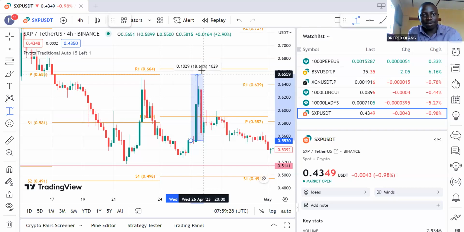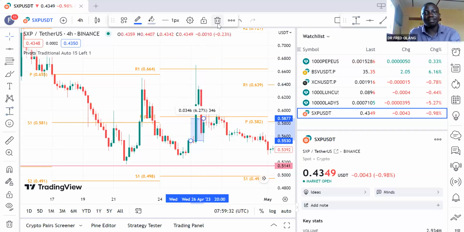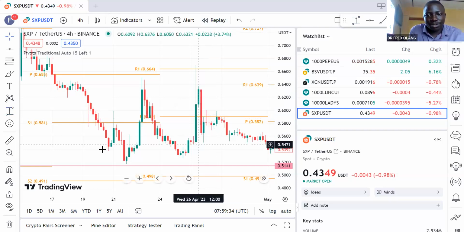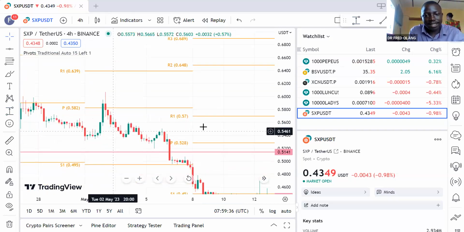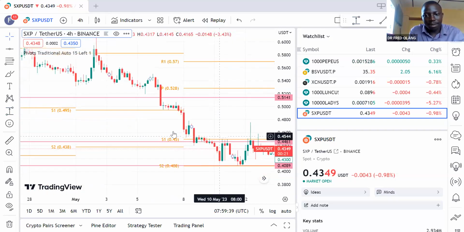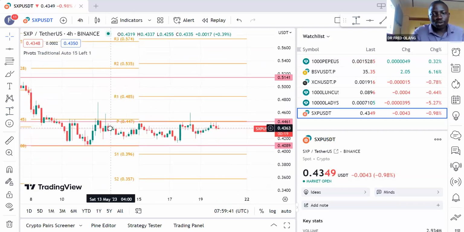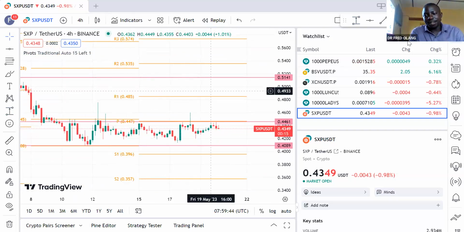Of course it went beyond that, but even 6% was good enough. So you can always make good trades that make you good money, using support and resistance.